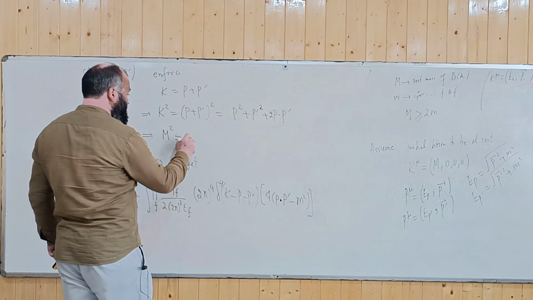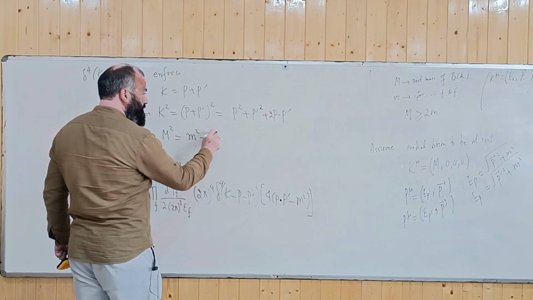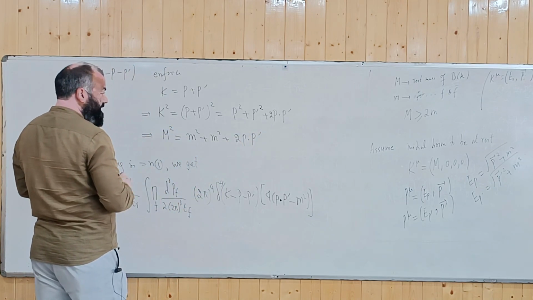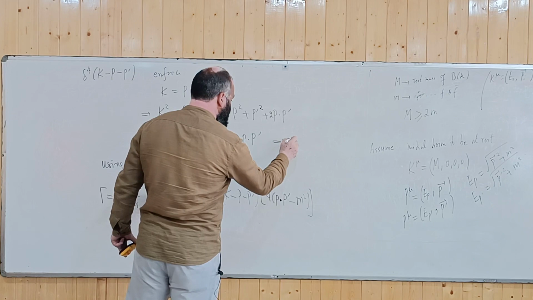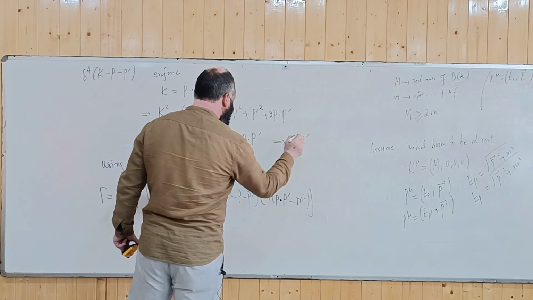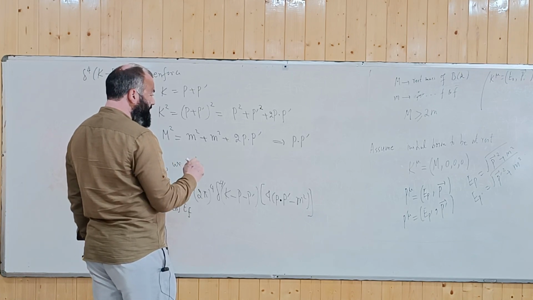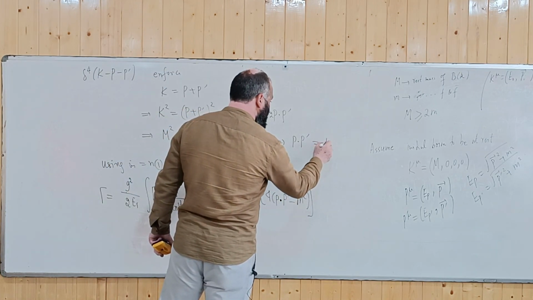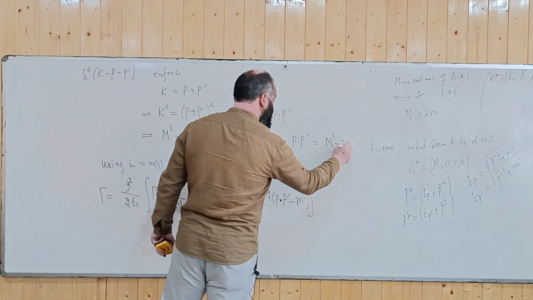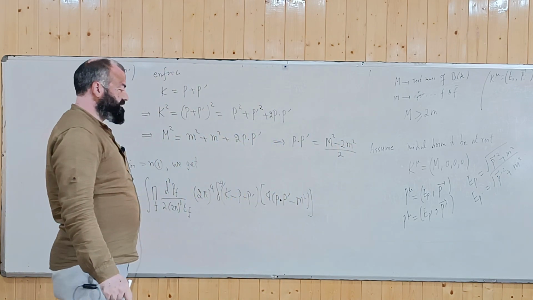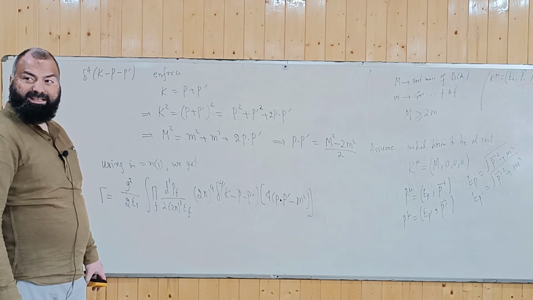So this is actually m square plus m square plus twice P dot P prime. So it gives me this P dot P prime, which is M square minus twice m square, divided by 2. Understood?